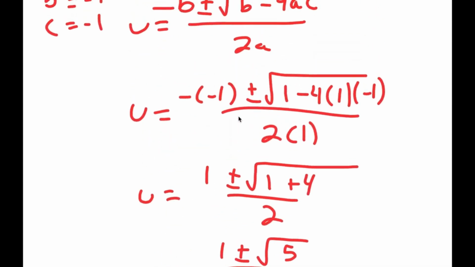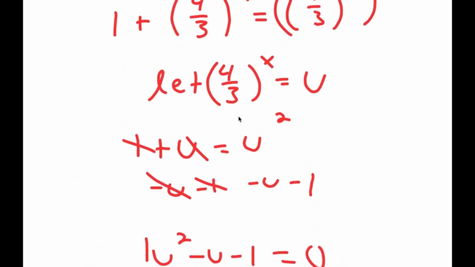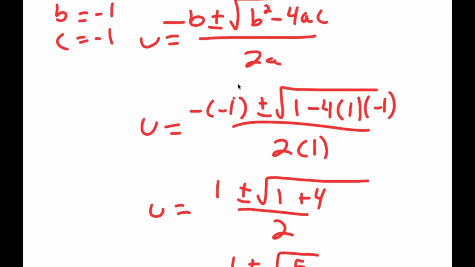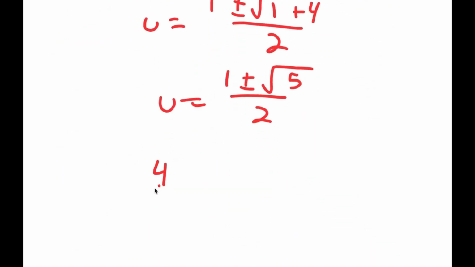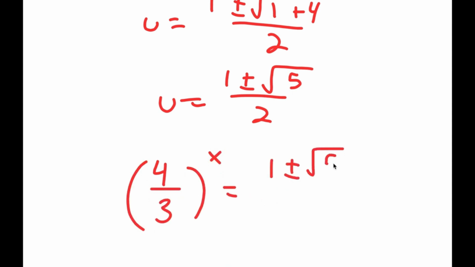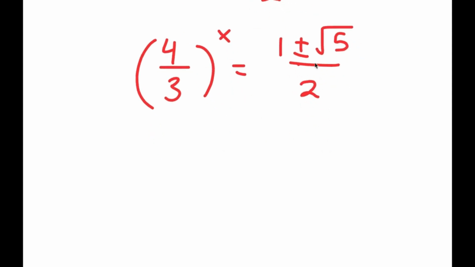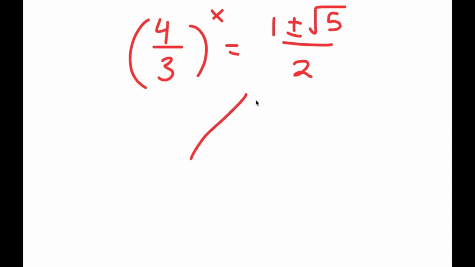Now, remember how we let 4 over 3 to the power of x equal to u. Well, this means that 4 over 3 to the power of x is equal to 1 plus or minus the square root of 5 over 2. Now, this gives me two equations.